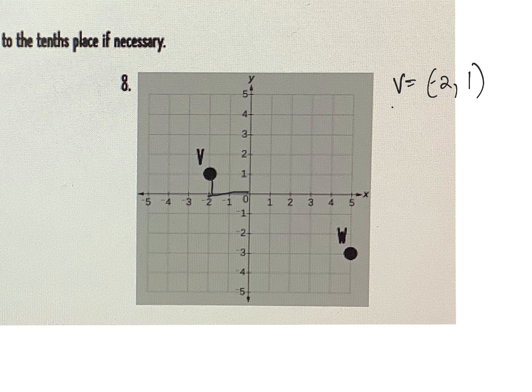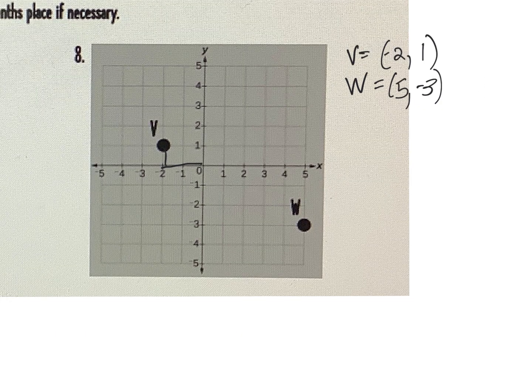Okay, we need the W point, which is, start at the origin, positive 5, and then we're going to go down, so that means that's a negative 3. All right, so let's substitute all of this into the distance formula. Remember, here's your x1, y1. Then we have our x2, y2.